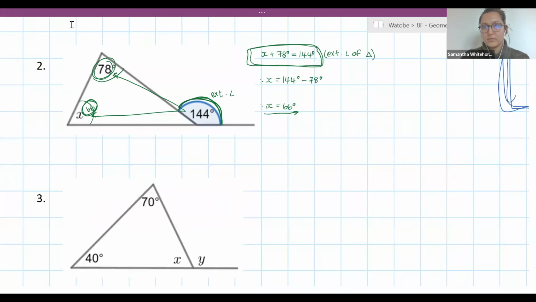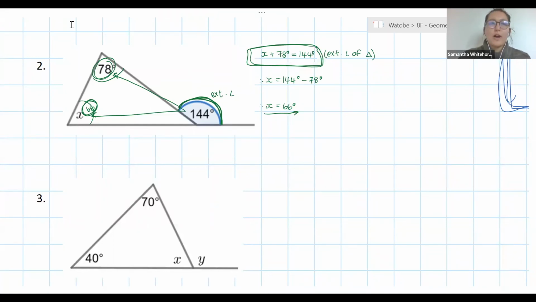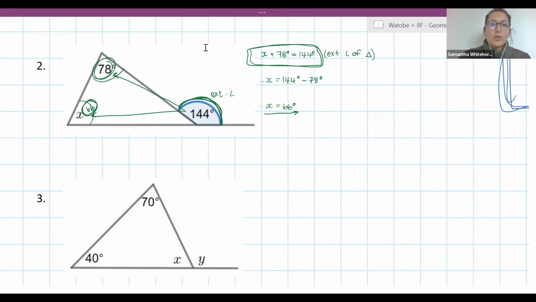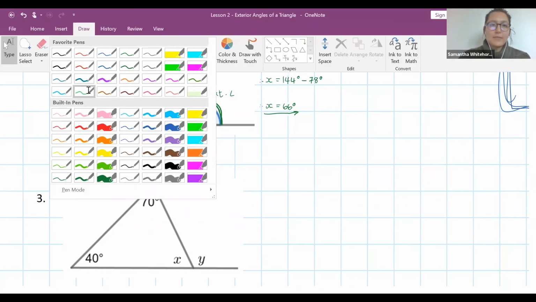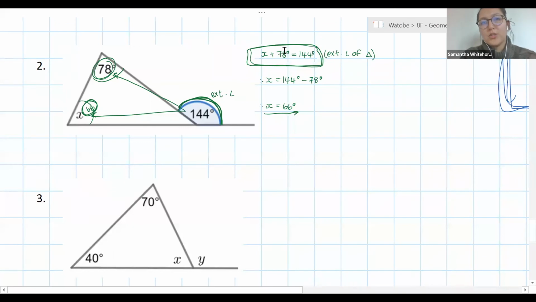We first add, then subtract, but I still get 66. Okay, so if I'm following you, what your teacher is saying is that you would subtract 78 on both sides so that you're keeping it equal. Is that right? Yes, ma'am. Absolutely. That's 100% correct. Well done. Thank you, ma'am.